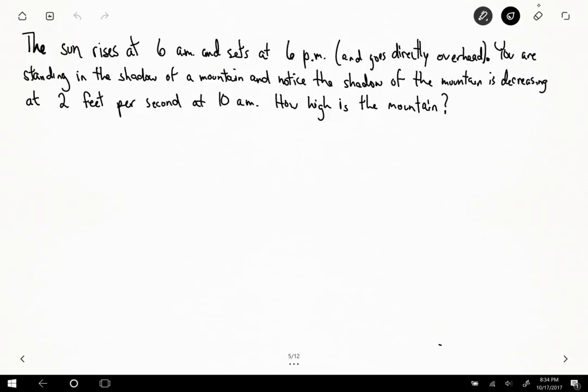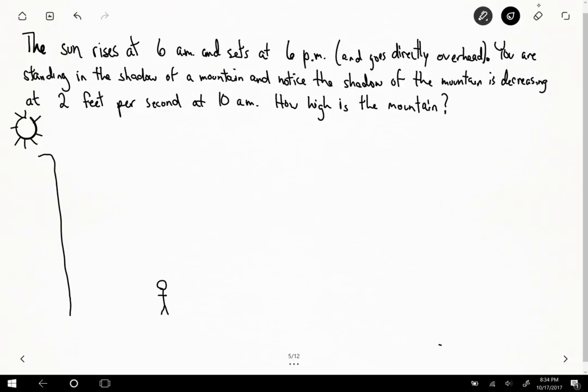So to do this one, to illustrate it, I'll just have the mountain. You can have it start up and then go up, but at the end of the day, I have a mountain and then I have some drop off here, right? And someone's standing in the shadow. And then you have the sun passing.